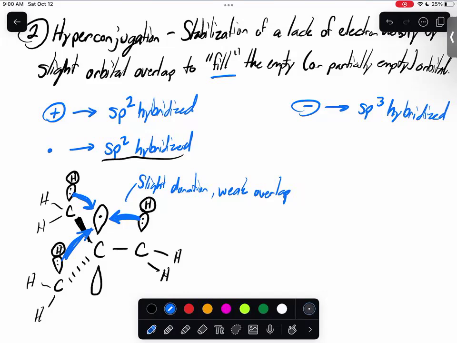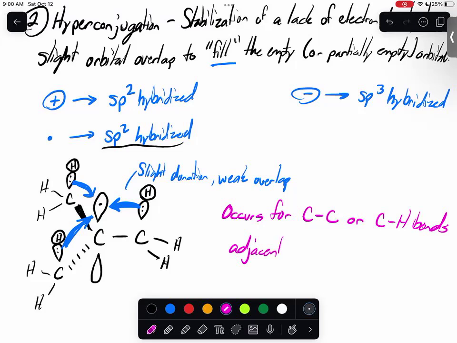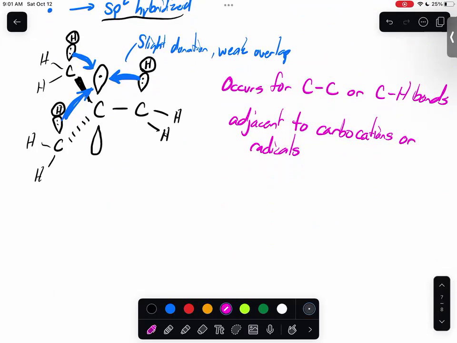And the one thing that you really need to know about hyperconjugation is that it occurs for CC or CH bonds adjacent to carbocations or radicals. Okay? So that's the one thing that you also need to keep in mind, that it applies to carbocations.